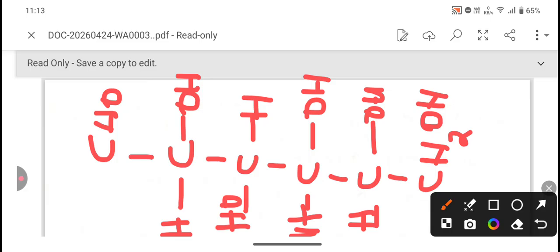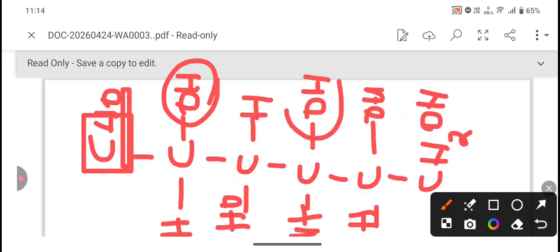If we take glucose, this is the aldehyde group, and if you can see, these are the polyhydroxyl groups on the carbohydrate basic structure.